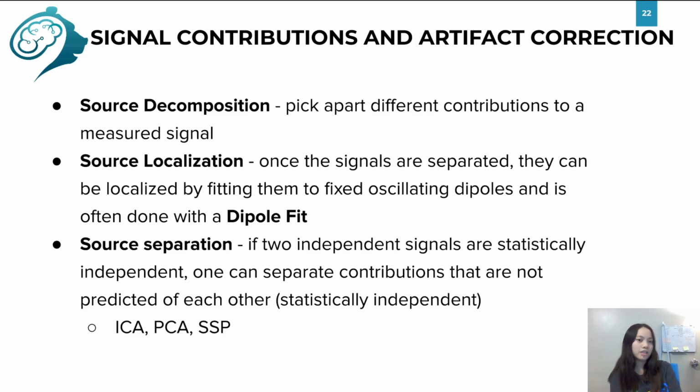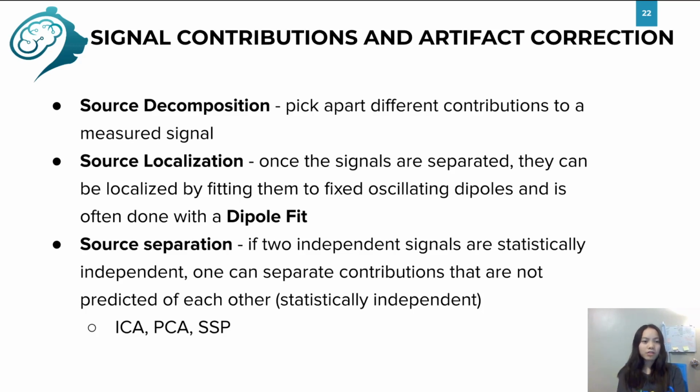Dipole fitting consists of modeling the brain's behavior as oscillating dipoles in specific positions. It's based on the concept that brain waves result from groups of parallel neurons firing synchronously, which can be modeled as a voltage potential dipole oscillating in a certain position.